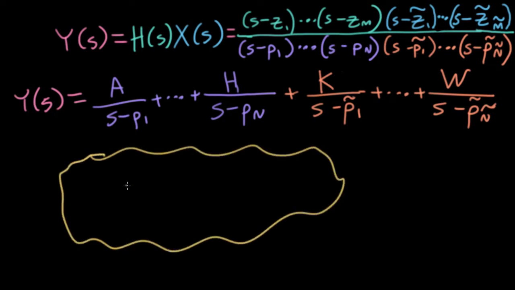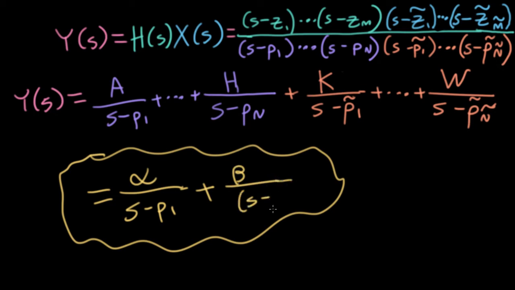Now I've written all of these out as if these poles were unique, but you might have a case where you wind up with some repeated poles in the output, and that could potentially get sticky to notate, but we could do it. Let's say P1 was actually repeated, so you might have an alpha and a beta here, and this might be your s minus P1 to the power of 2. But this could come from a number of places. It could come from the input having multiple roots in the denominator.